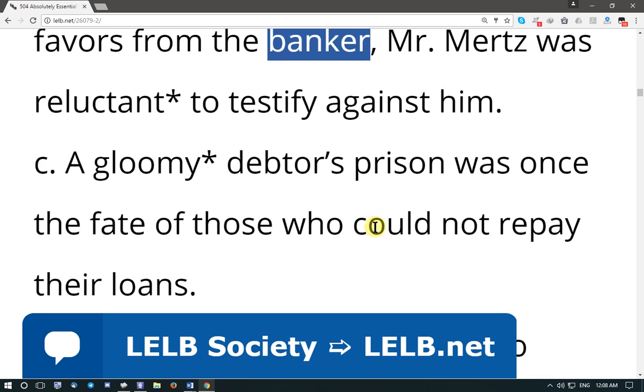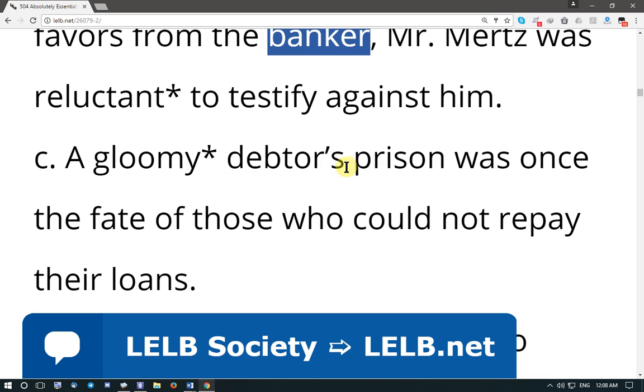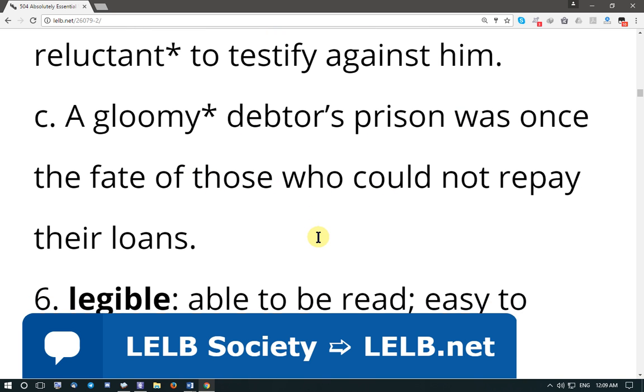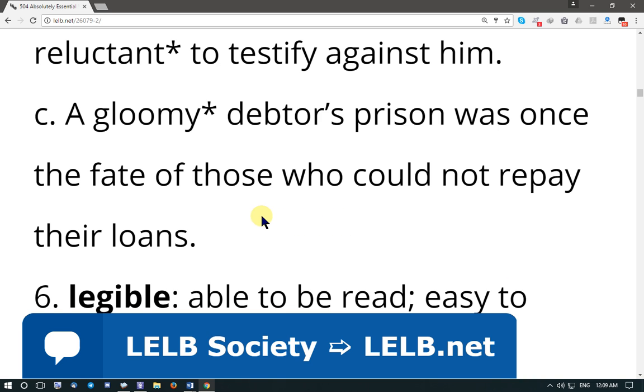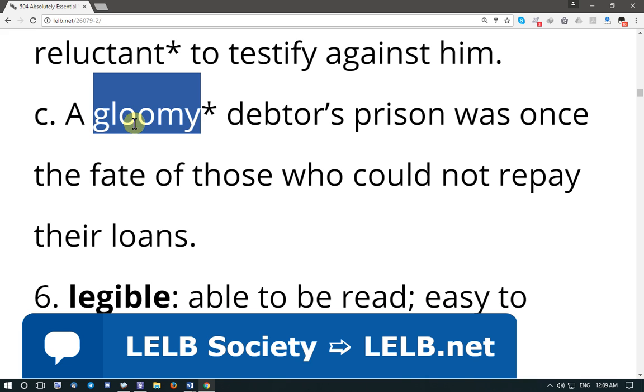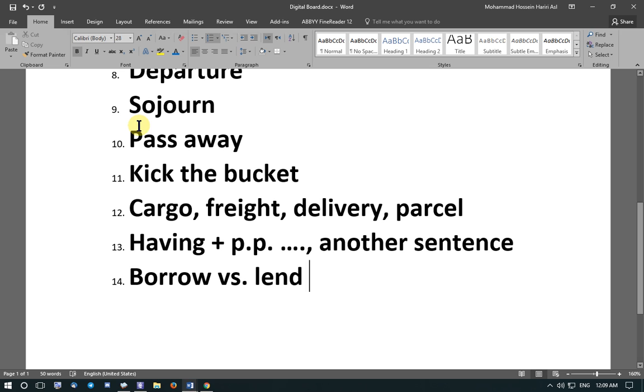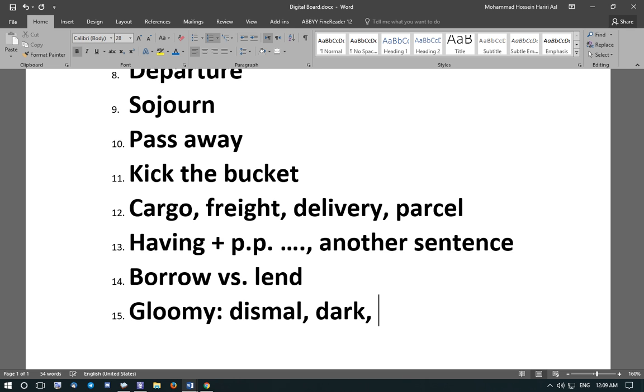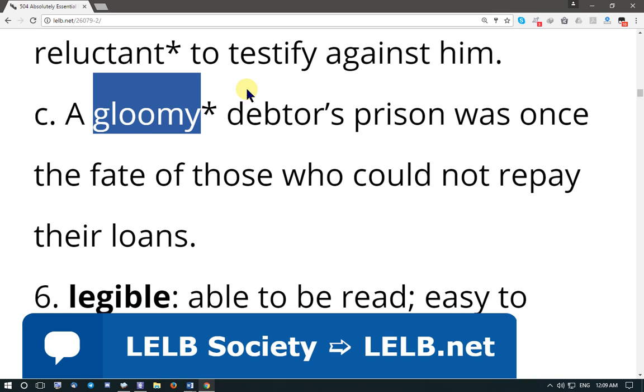Okay. A gloomy debtor's prison was once the fate of those who could not repay their loans. Once upon a time, some time ago, a gloomy or dark or dismal. Let me write it down. Gloomy means dismal, dark, depressing. A gloomy debtor's prison.